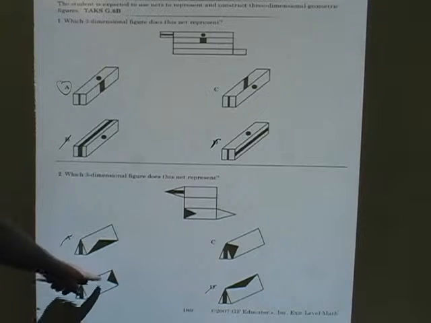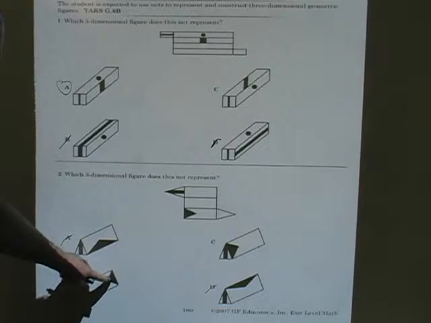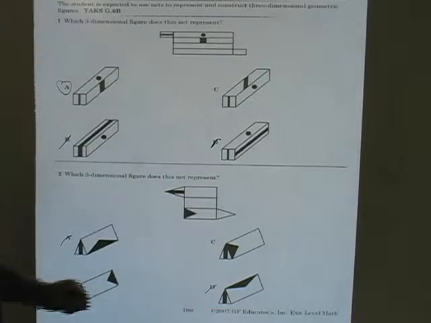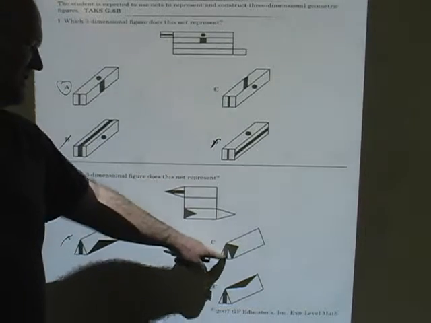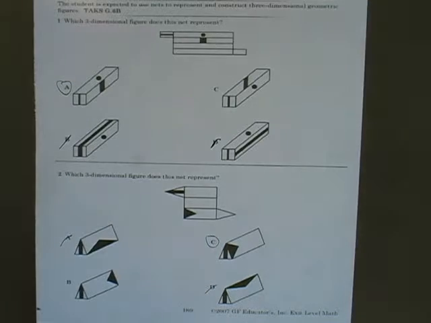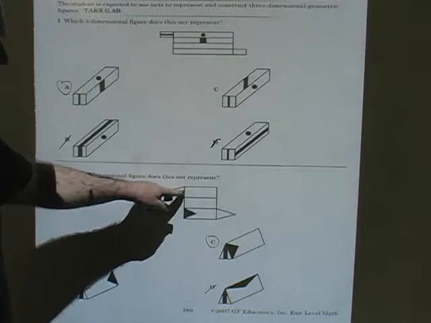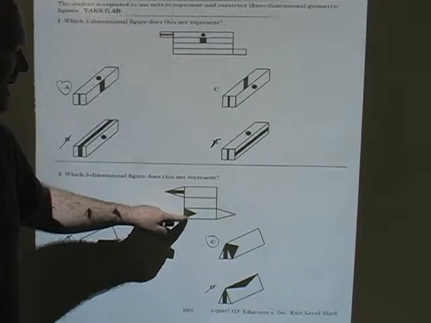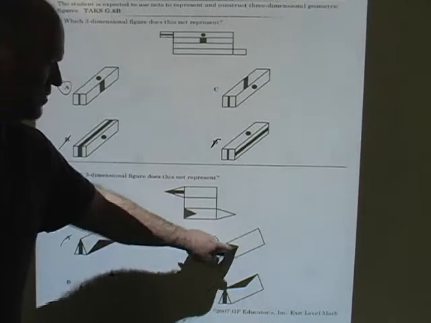And notice answer B has this triangle down here on this end. Okay, so answer C is the only one that it can be. You got the black mark here, which would go here, and then you got a triangle right here, which would be that triangle.